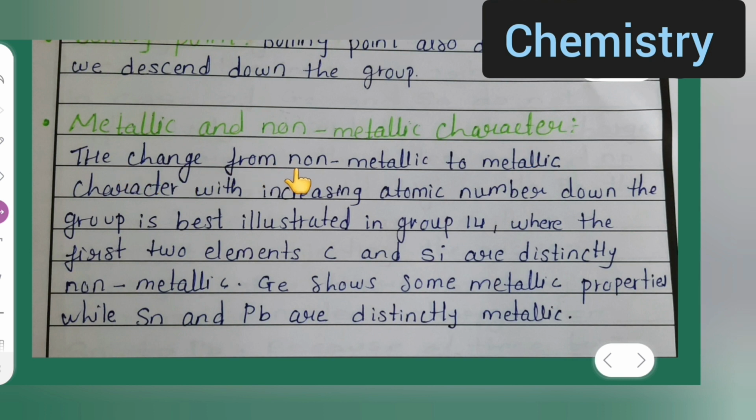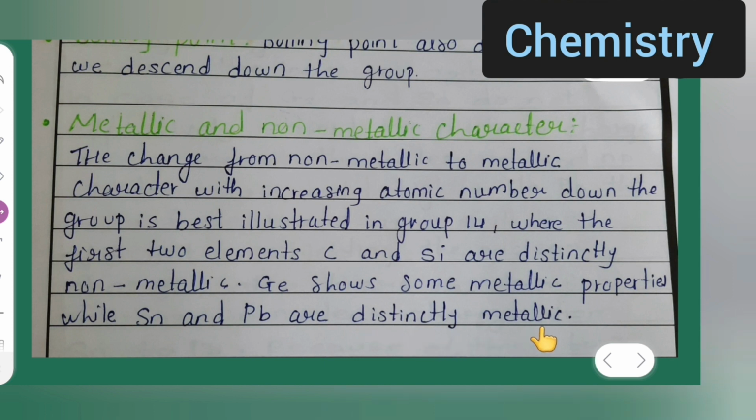The change from non-metallic to metallic character with increasing atomic number down the group is best illustrated in group 14, where the first two elements, carbon and silicon, are distinctly non-metallic. Germanium shows some metallic properties and Sn and Pb are distinctly metallic.